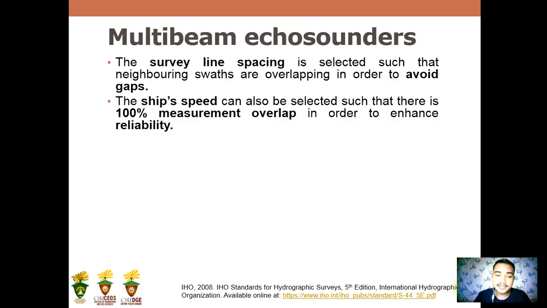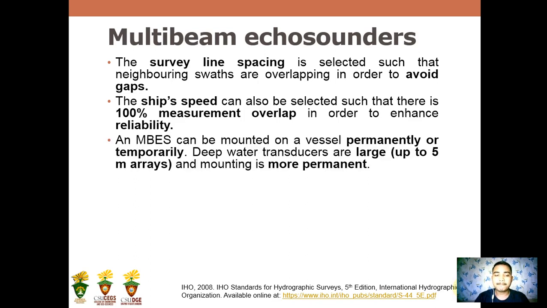The ship's speed can also be selected such that there is 100% measurement overlap in order to enhance the reliability. The speed of your boat still has an effect, because as discussed, there is attenuation that can cause errors. And if the ship speed is constant, the reliability of the data is enhanced.